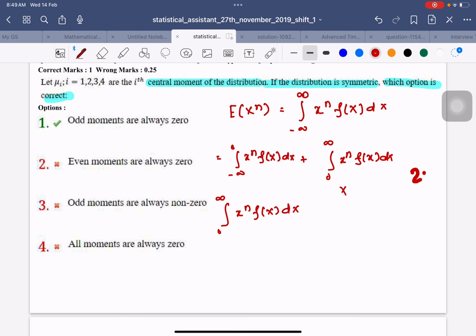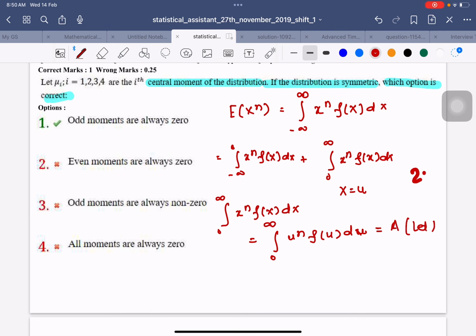Let's suppose x takes value u. Then this is 0 to infinity u^n f(u) du. Let's suppose this is a.